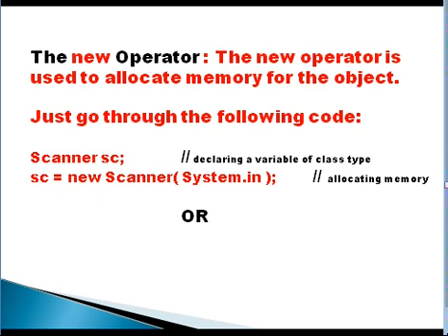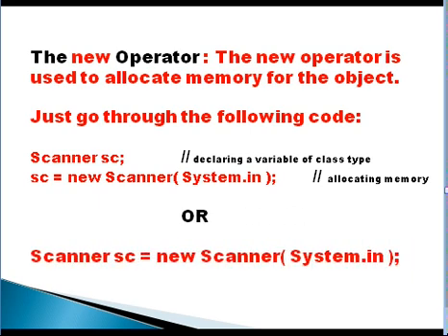We can rewrite this in this form also, where I have written it as Scanner sc = new Scanner(System.in). Now what is this all about? We are going to deal with the Scanner class at a later stage, wherein we are going to take the input from the user on the terminal window.